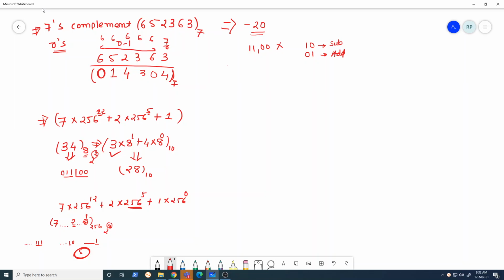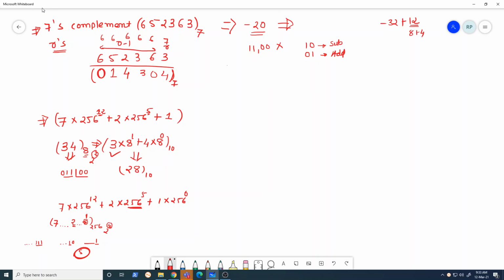Okay. Now your multiplier is minus 20. So first you need to represent minus 20 in 2's complement form. What is the 2's complement form of minus 20? The shortcut method is minus 32 plus 12. This is not in 2 raised to form, so 12 is 8 plus 4.